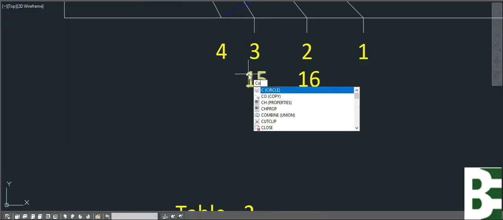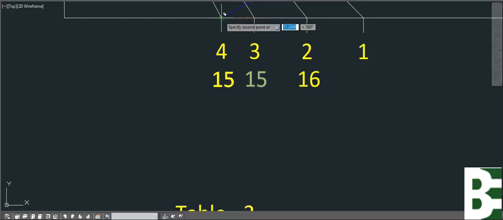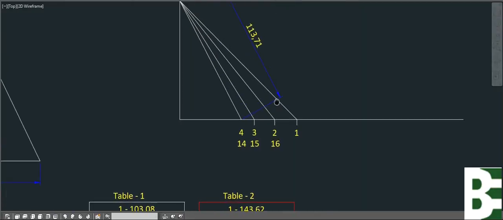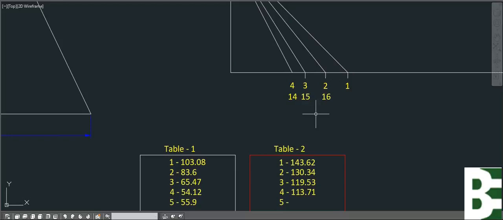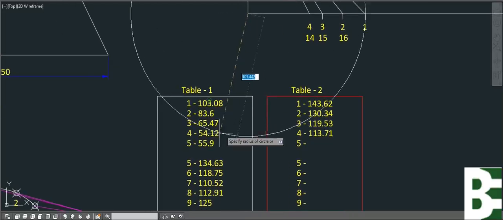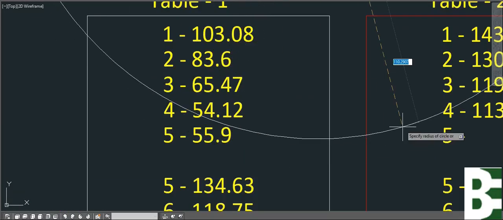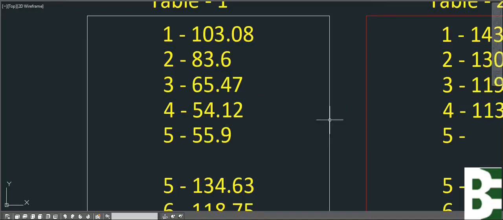So 4 and 14 are same. Now we have 2, 5, 5.